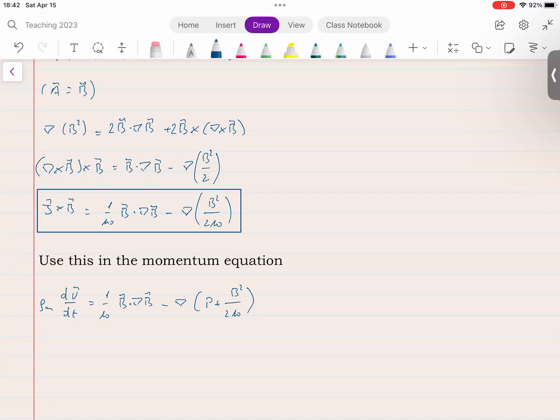Which is another way to write the momentum equation. And this last term here is what we call the magnetic pressure.